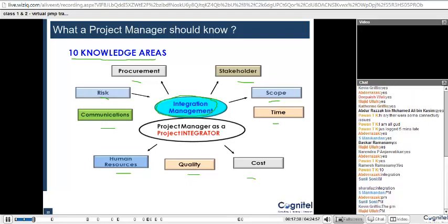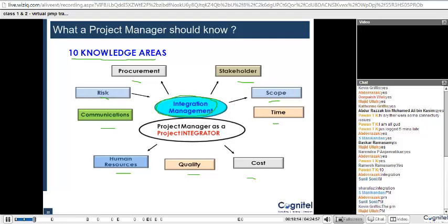At times you would find that the project manager is doing scope management or time management, but on certain big projects there might be specialized people working on these different knowledge areas, or different SMEs or teams taking care of different knowledge areas, and the project manager is just acting as an integrator, which is quite a role in itself, to integrate all these 9 knowledge areas and combine them together to produce an output from the project.